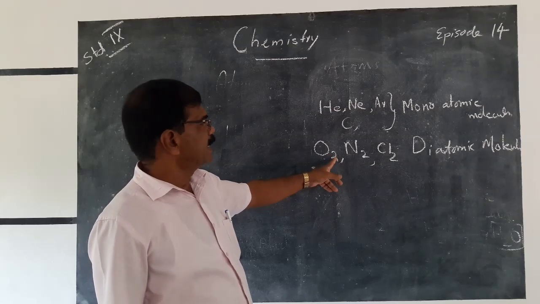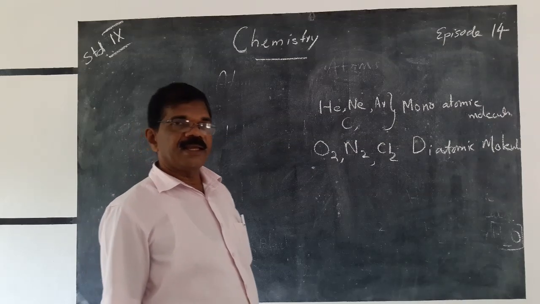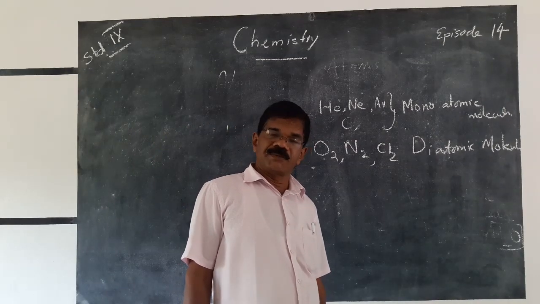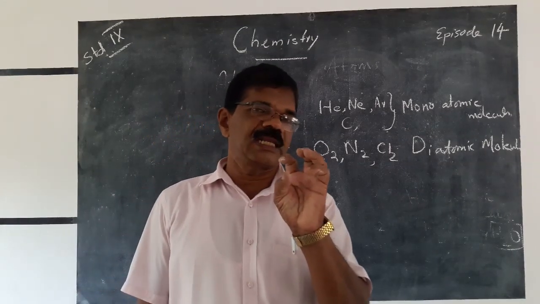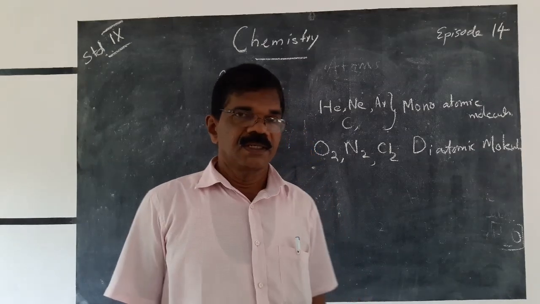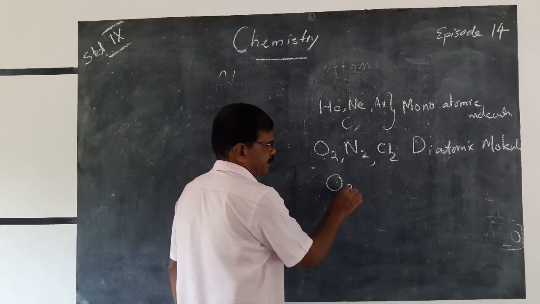Fluorine, chlorine, bromine, iodine, nitrogen, oxygen and hydrogen are all diatomic molecules. In a molecule of such elements there are two atoms. Then there is another molecule, O3.